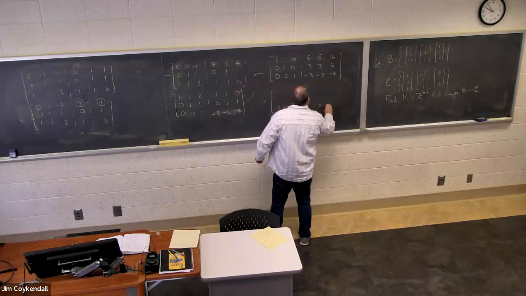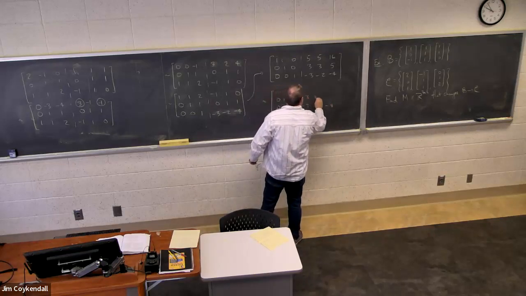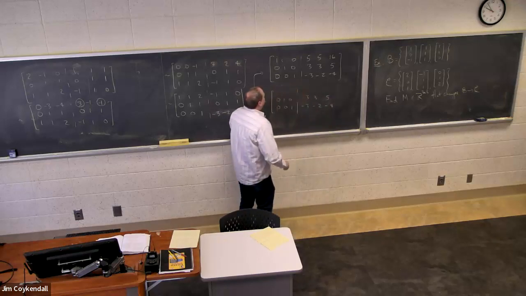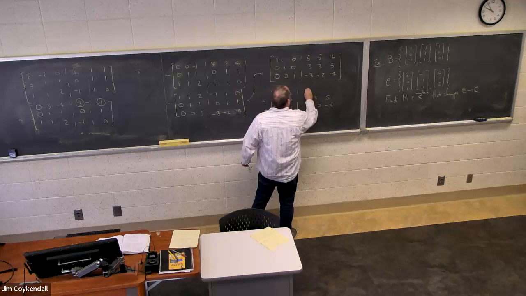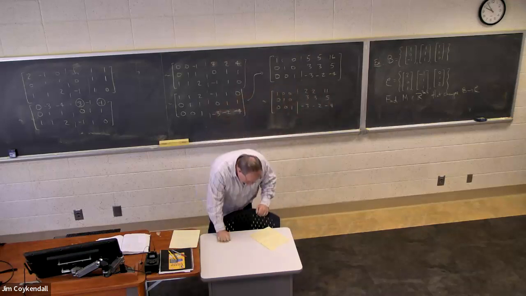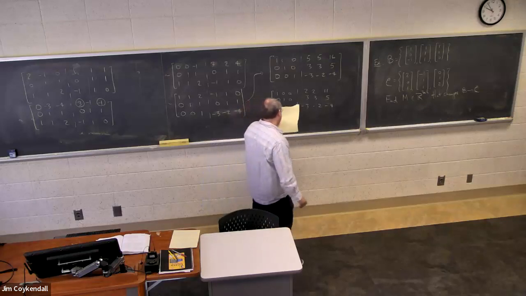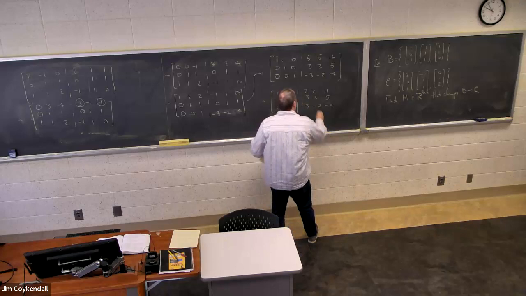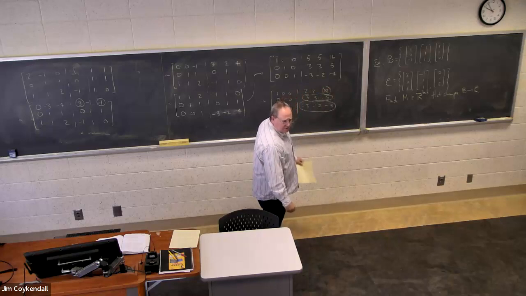That's 3, -2, -4. 0, 1, 0, 3, 3, 5. And then it should be times -1 and add. So it should be 2, 2, 11. And it's not. So this is correct. This is correct. Something went wrong here. We'll go back and see if you can find it.